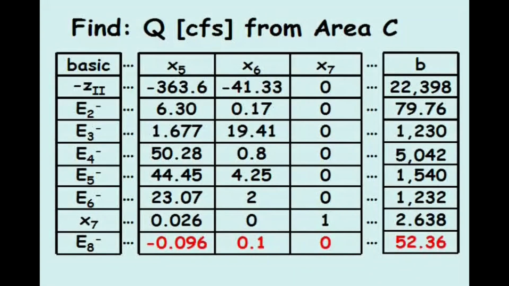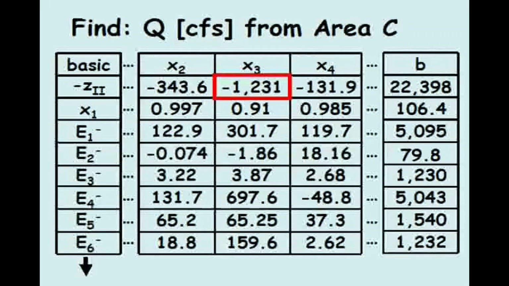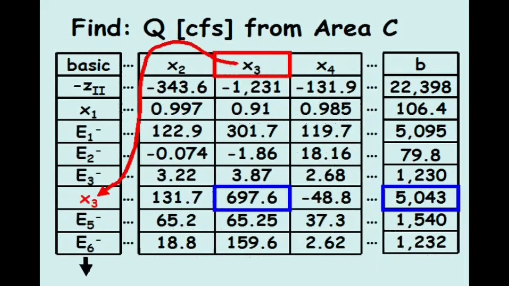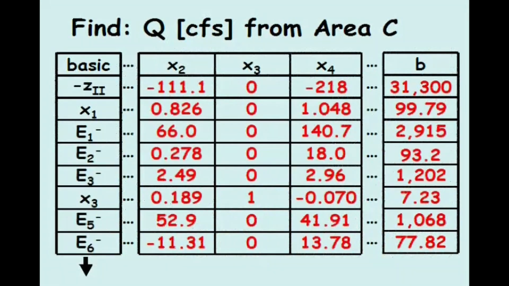At this point, variable x3, which represents runoff flow rate from area C, has the lowest reduced cost coefficient and will next enter the basis in place of variable E4 minus. After pivoting about variable x3, the tableau is again in canonical form.